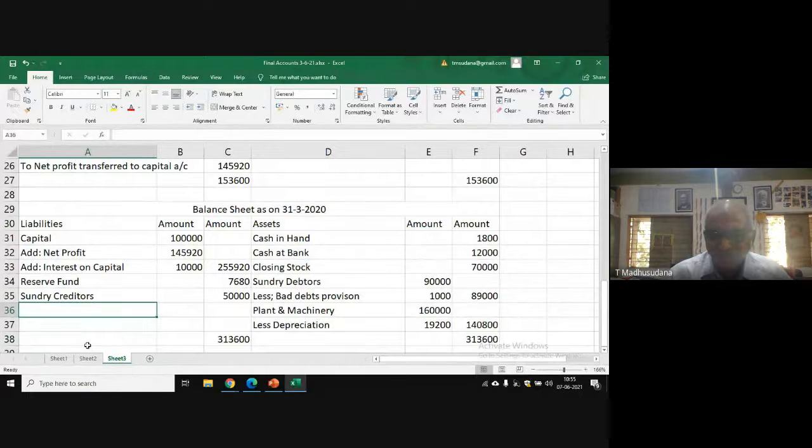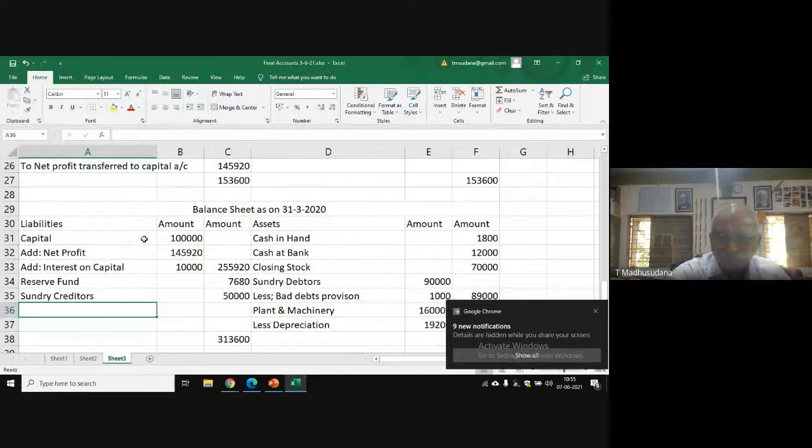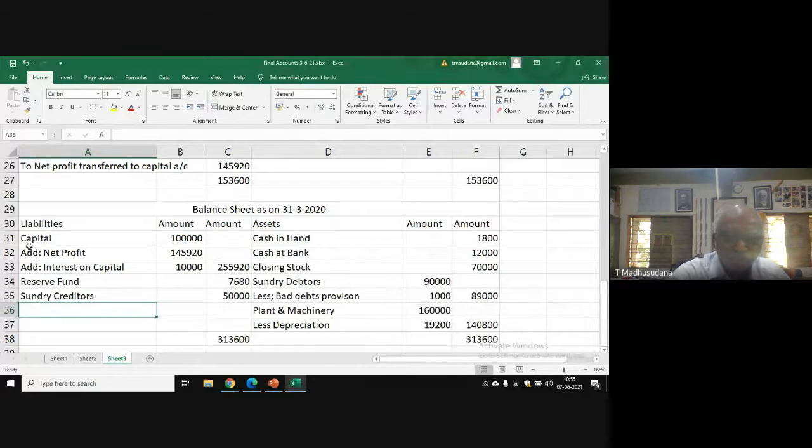Let us observe that in the balance sheet, we have not mentioned the words to and by, because the balance sheet is not an account. Therefore we have not mentioned to and by. We should not use to and by in the balance sheet.